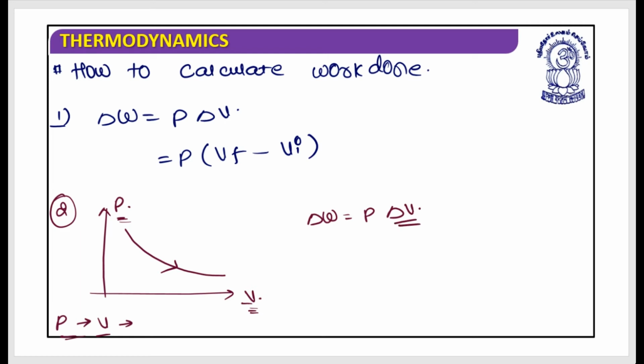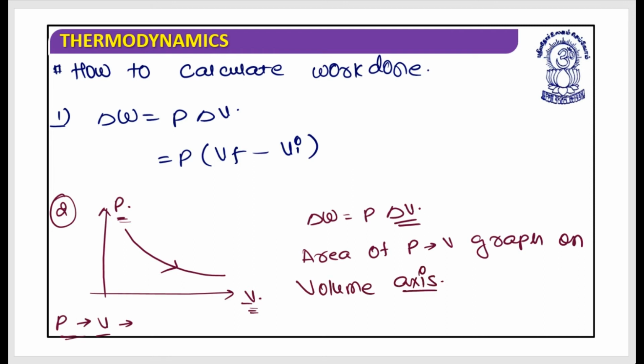And when I say it's P into delta V, that means it's an area of the P versus V graph on the volume axis. Please keep this in mind.